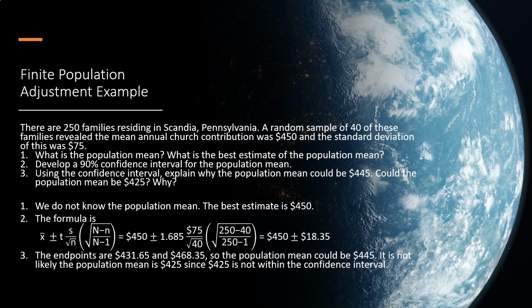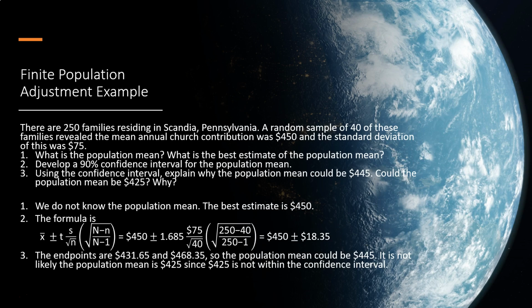Another thing we need to keep in mind when we're working on problems is whether or not we have a finite population. So when the population is finite, there is a limit to the number of people we can draw from. So in this example, we have 250 families residing in Scandia, Pennsylvania. And so that tells me I have a finite population.